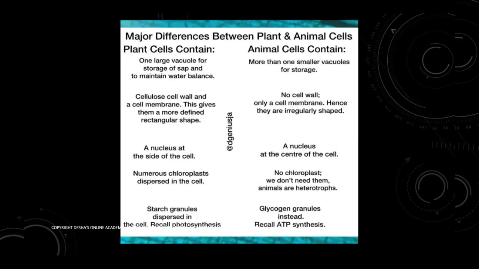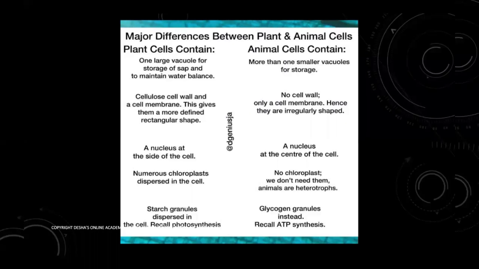Plant cells contain one large vacuole versus the animal cells. There are more than one vacuoles, but they're smaller. And then for a similarity, you could say that the vacuole in both plant and animal cells, they're used for storage.